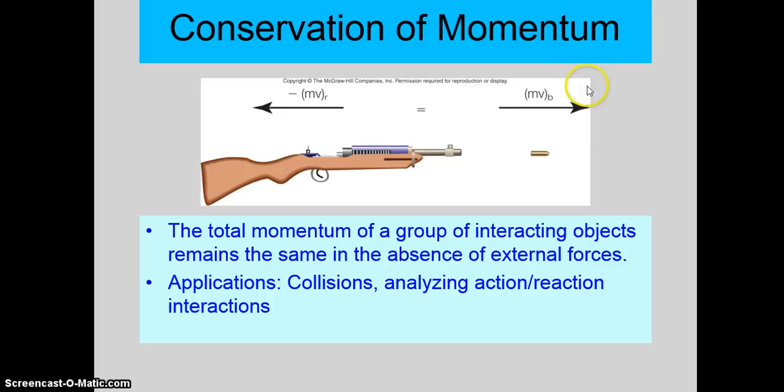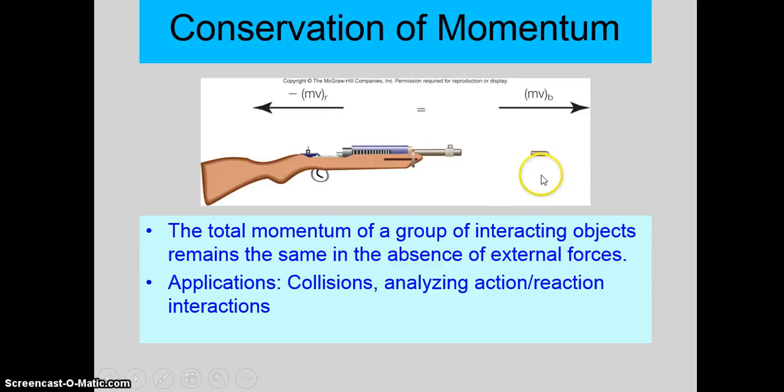What we're studying right now, Chapter 1, is all about classical mechanics. And so this idea of the conservation of momentum says that the total momentum of a group of interacting objects remains the same in the absence of an external force.